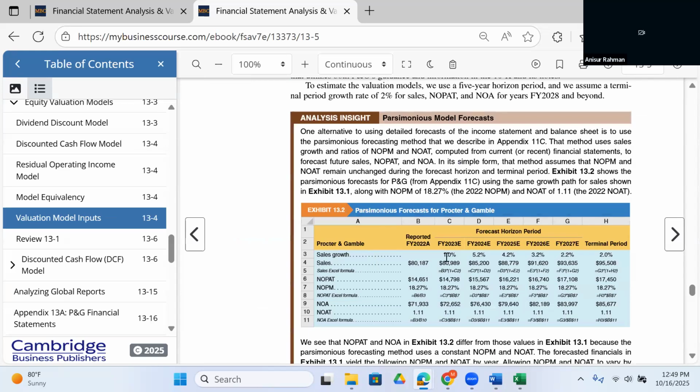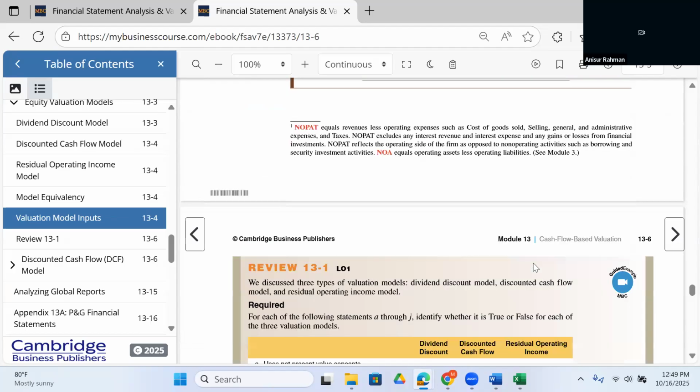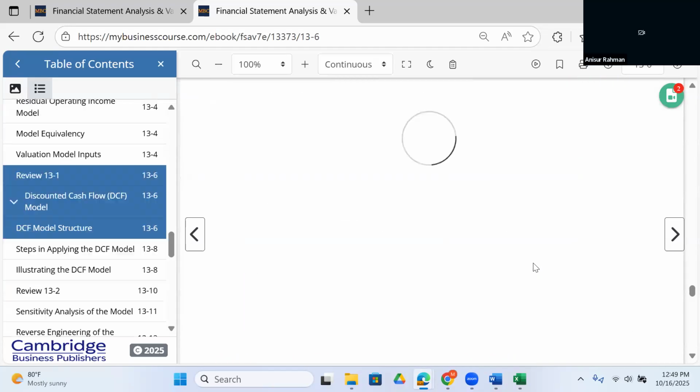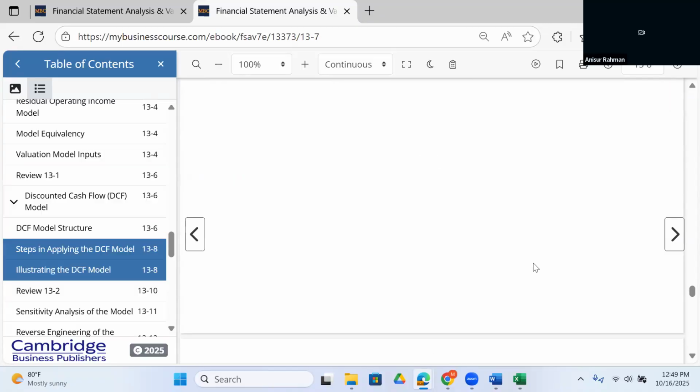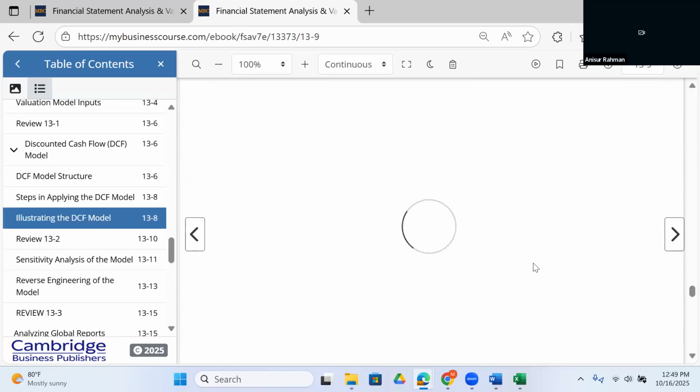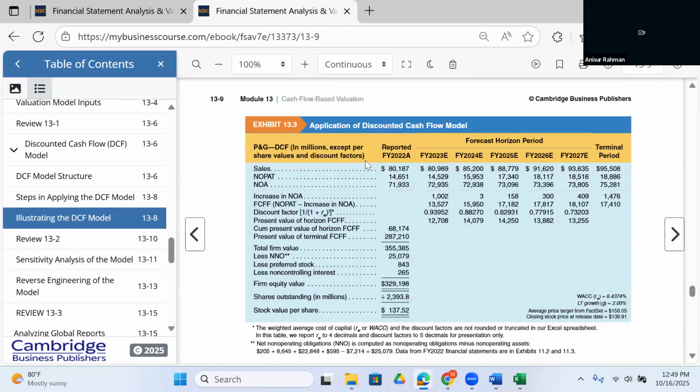So these are the forecasts we are going to use, and this is a parsimonious model. In the full model, it's taking a while to refresh. This is a full model.